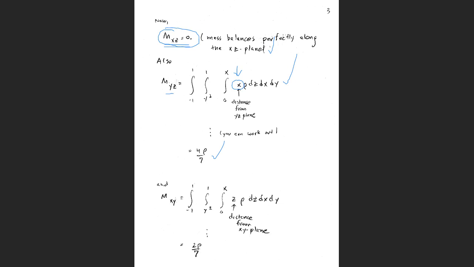Okay. And then similarly, you can compute the moment about the XY plane by inserting a z, because z is the distance from the XY plane. You insert that in the triple integral, and you just do the work, and you'll get 2 rho over 7.